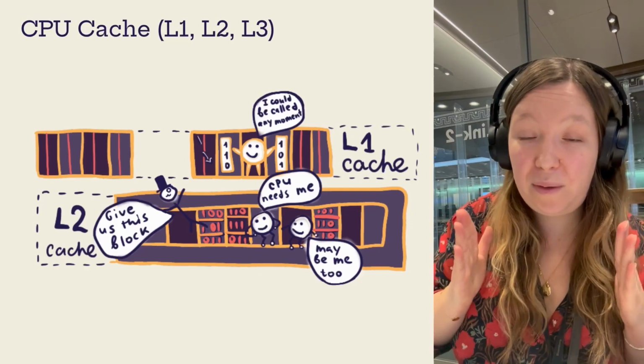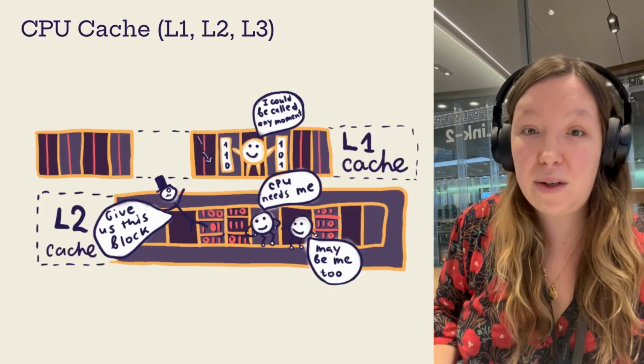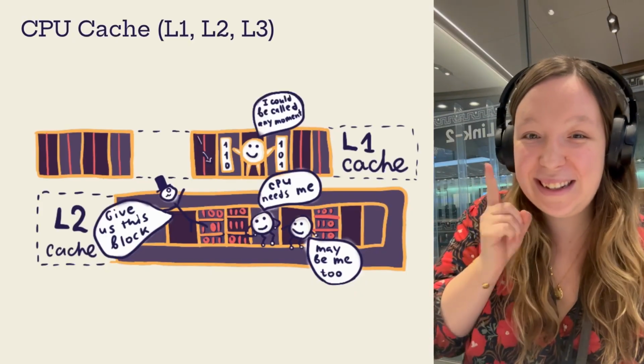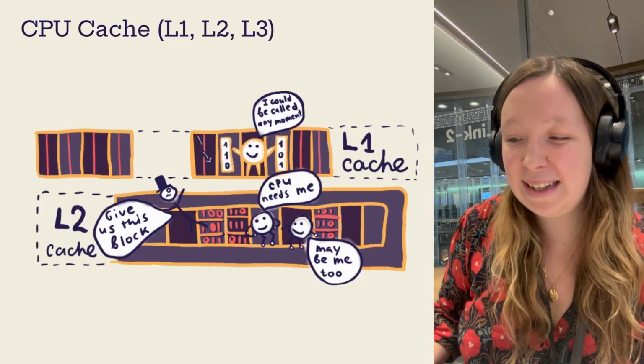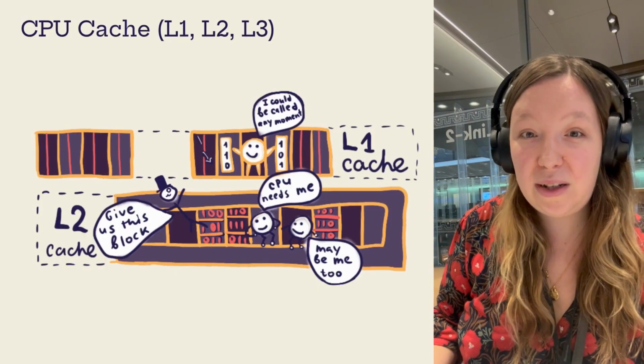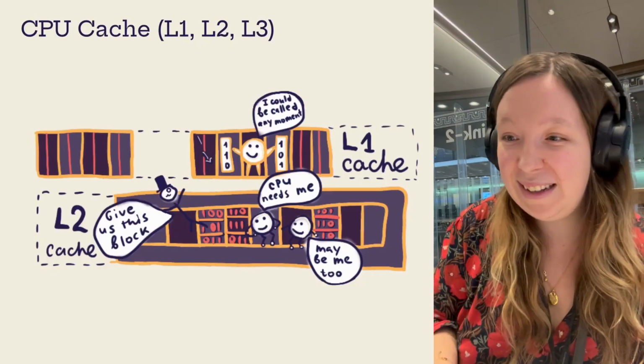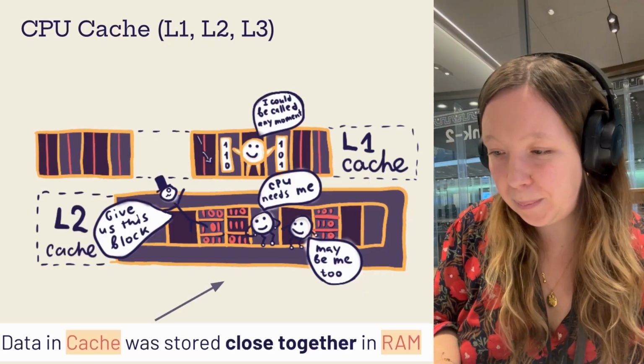Anything that would fit in a cache line would be grabbed from random access memory to the CPU. We will get into random access memory in just a minute. So the locality of how data is stored is really influential, and we will see it in an example.